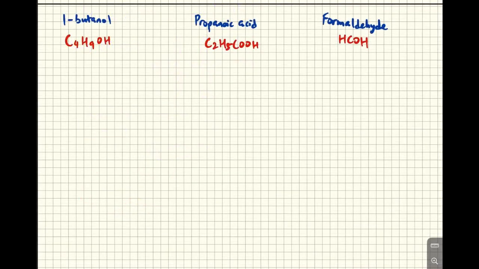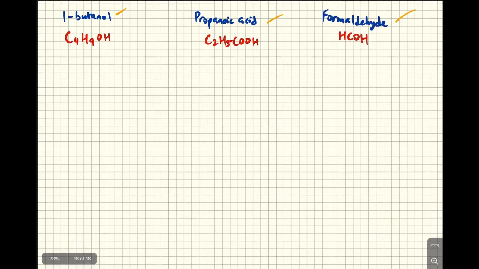To help illustrate and explain this better, let's go through a few examples. For each of these examples, I'll be drawing all three of the different structures: the Kekulé structure, the condensed structure, and finally the skeletal structure for each of these different compounds. So let's start with butanol, or 1-butanol, basically straight chain butanol. The full Kekulé structure will look like this. It's going to look like 1, 2, 3, 4 carbons.